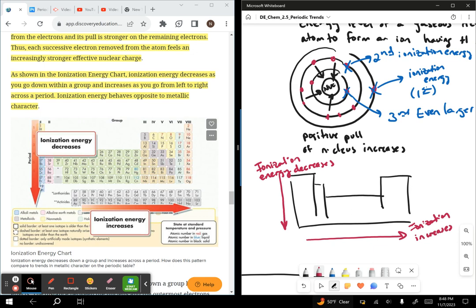So these are your trends, and we're just trying to get you familiar with that.